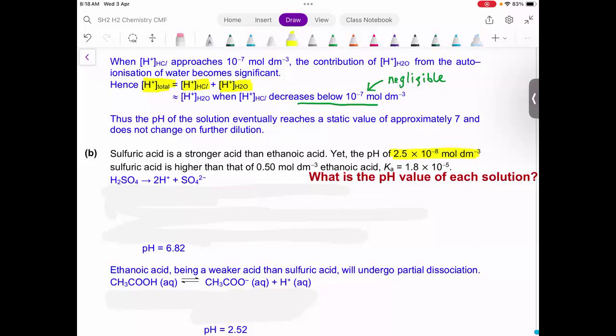So when you do a negative log of 10^-8, the pH will become more than 7. So does it make sense? How do you think I got this value here? Auto-ionization of water. Okay, what about that?